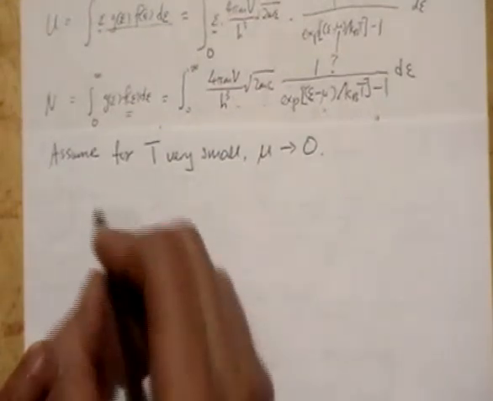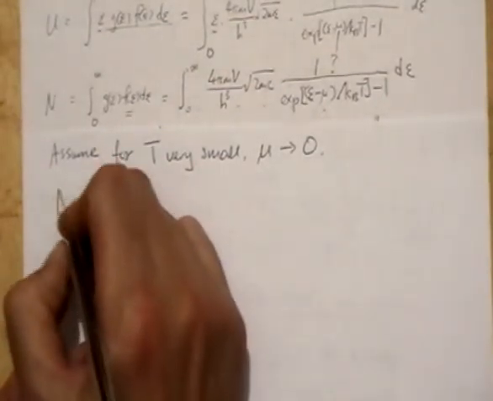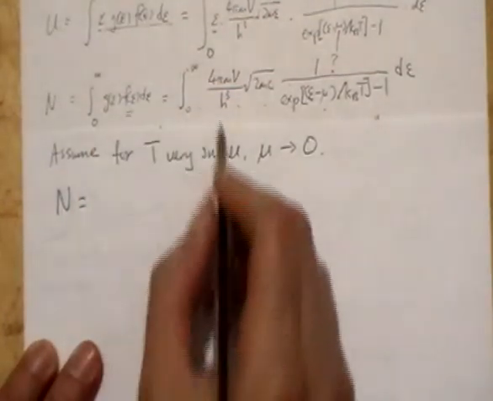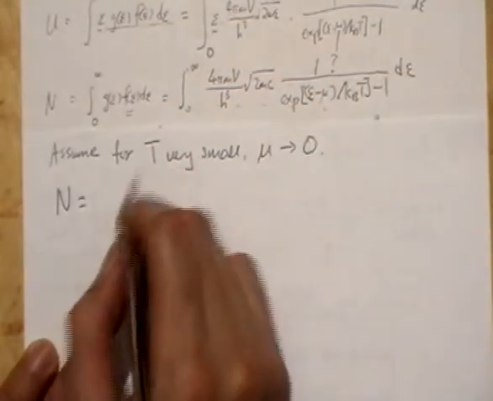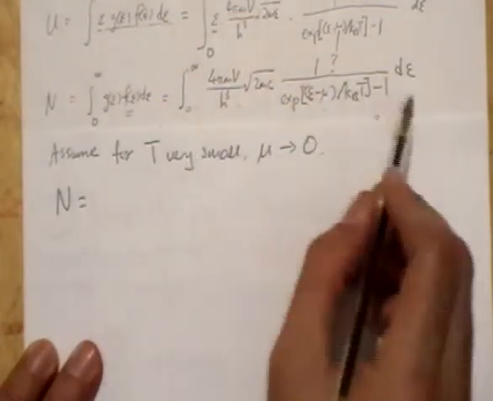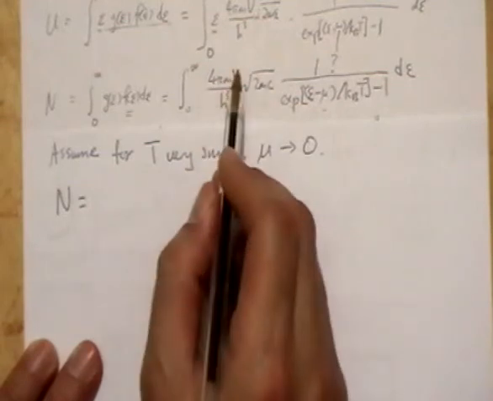Then let's write down N, that expression with mu set to 0. Now a lot of those are constants. This lot is constant.